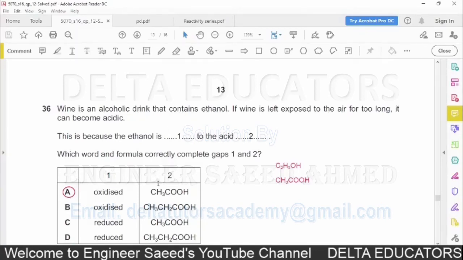Now 2 carbon atoms is given here in option A, so the correct formula of the acid is CH3COOH and the name of this acid is ethanoic acid. So the correct option is A, where for number 1 it is given oxidize, for number 2 it is given CH3COOH.